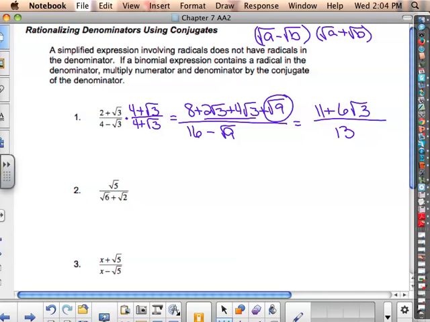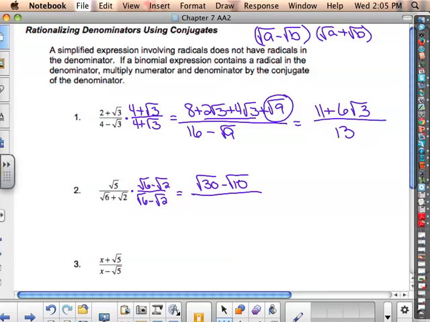So number 2, I'm going to multiply again numerator and denominator by the conjugate, the square root of 6 minus the square root of 2. So this becomes, in the numerator, the square root of 30 minus the square root of 10. In the denominator, because I'm multiplying by the conjugate, I know what's happening with those middle terms.